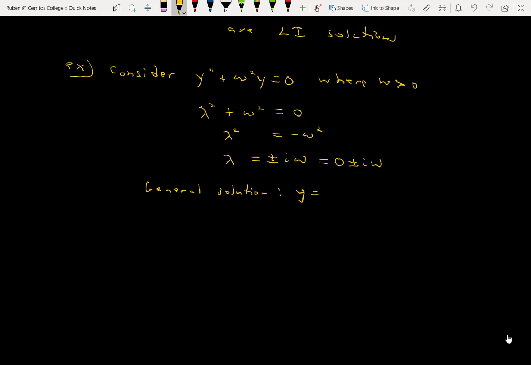So the a is 0, so e to the 0 is 1, so we get c1 cosine omega x plus c2 times the sine of omega x.